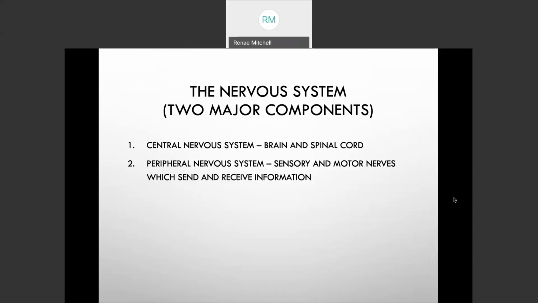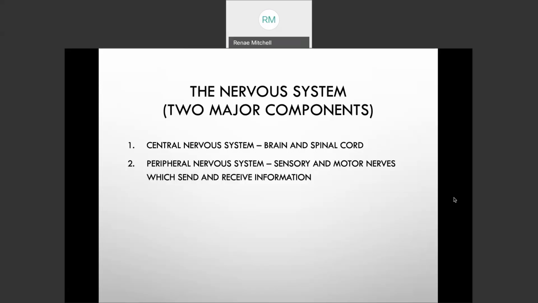So the nervous system is organized into two major components. There's the central nervous system, which is comprised of the brain and spinal cord, and then the peripheral nervous system, which involves the sensory and motor nerves throughout the body. And those nerves send information through the spinal cord up to the brain, and then the brain transmits information back down.